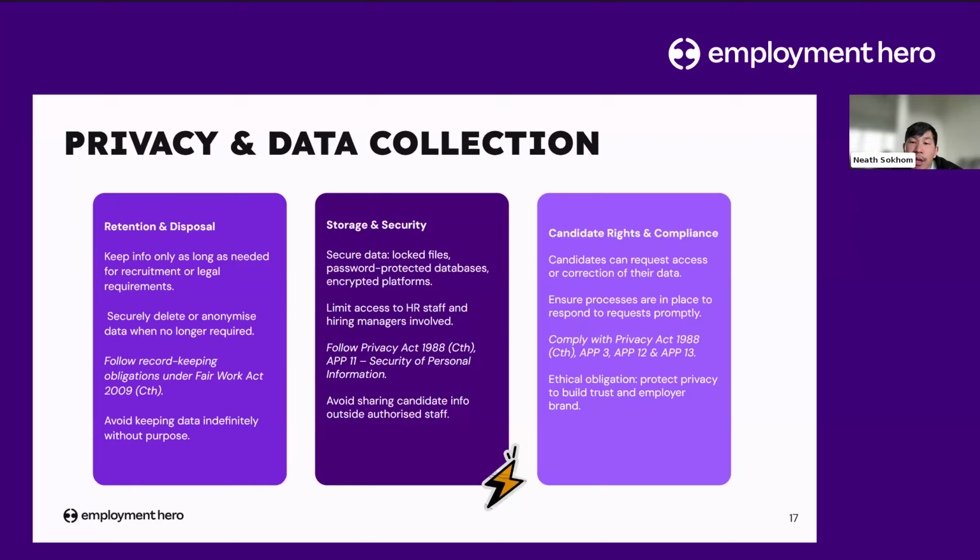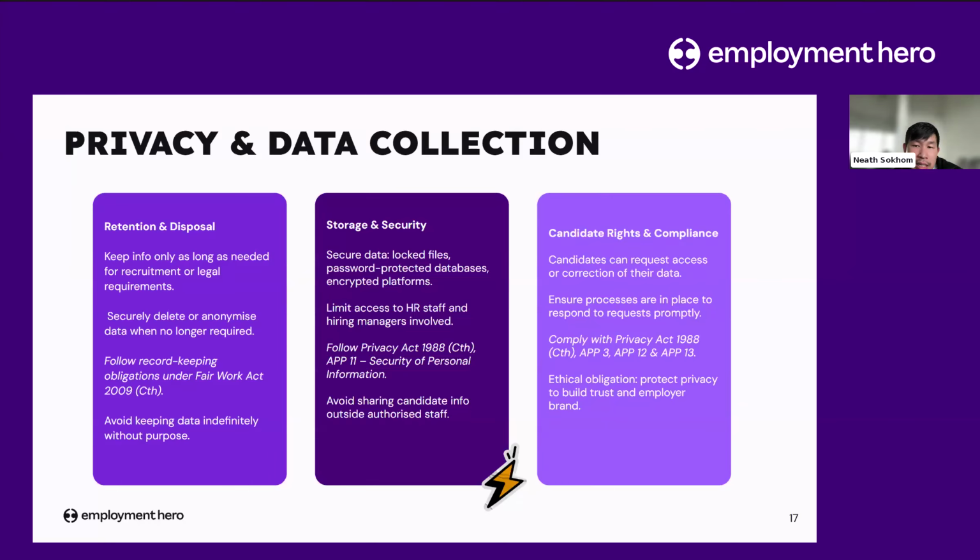You need to also consider the retention and destruction of this data. And as a matter of best practice, you should consider retaining these records for a period that allows you to defend against any potential legal claims, such as an anti-discrimination claim or a general protections claim, before you securely and permanently destroy them.